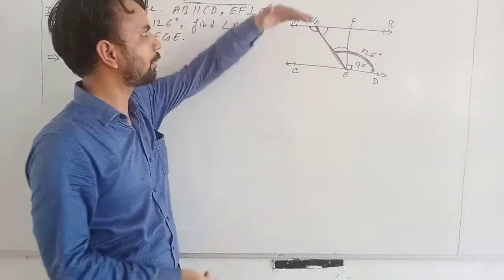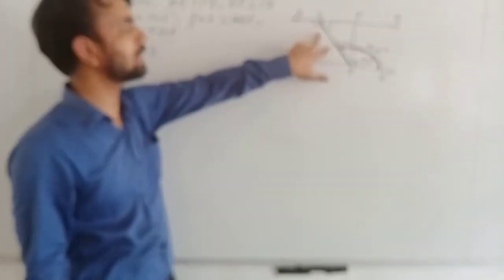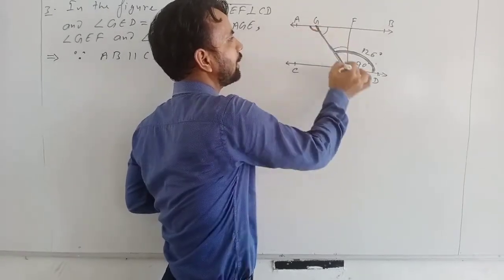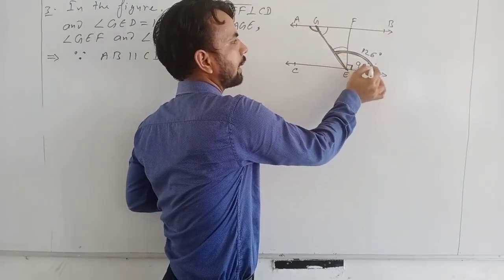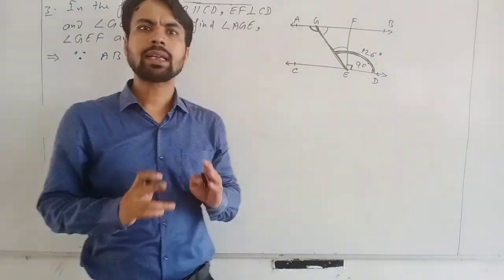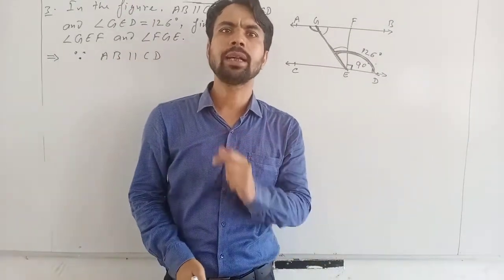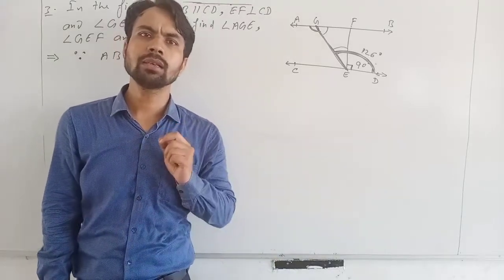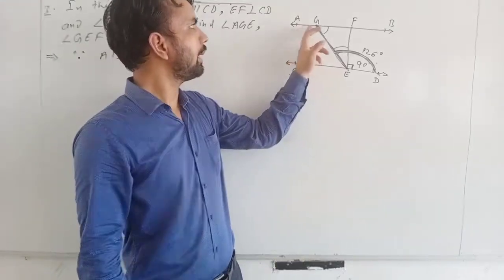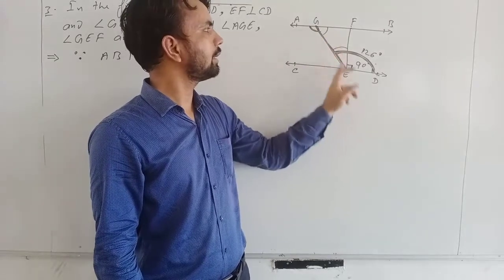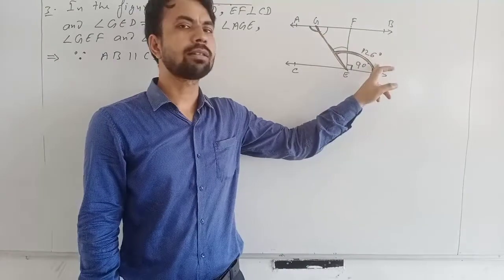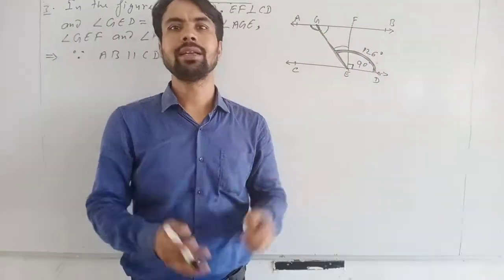Because AB and CD are parallel and this is the transversal, angle AGE and angle GED will be alternate interior angles. And we know that in the case of parallel lines, alternate interior angles are always equal. So angle AGE equals angle GED, and GED is 126 degrees. So angle AGE is also 126 degrees.